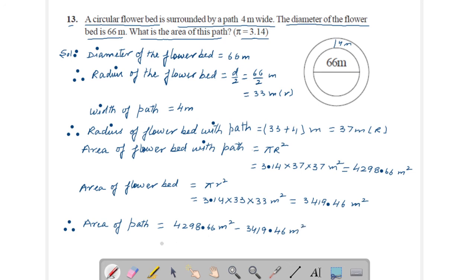Now subtract it, you will get 879.2 meters square. This is your answer.